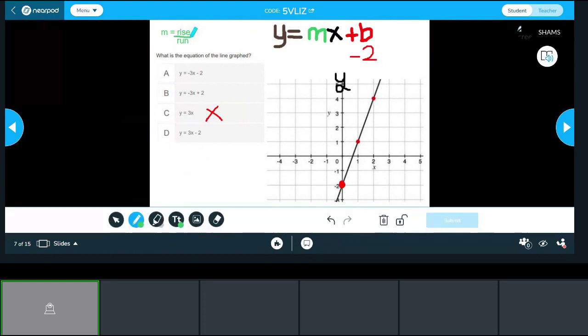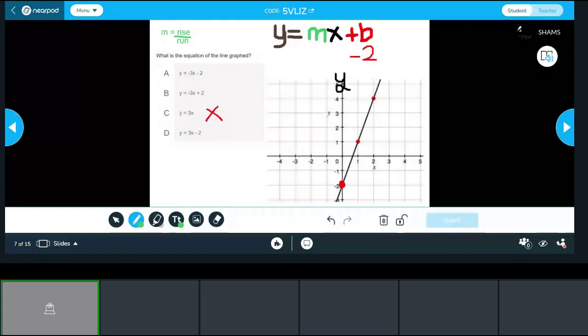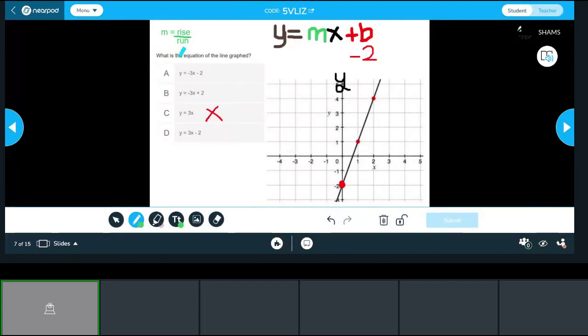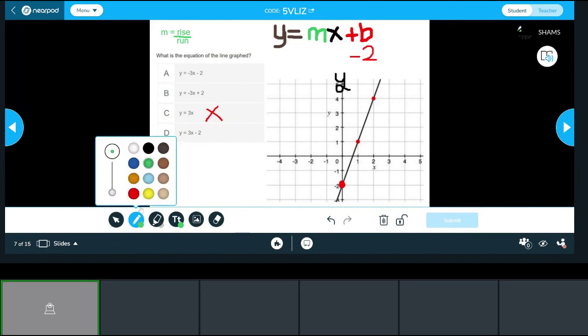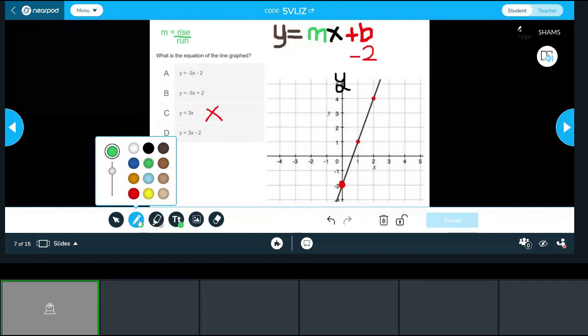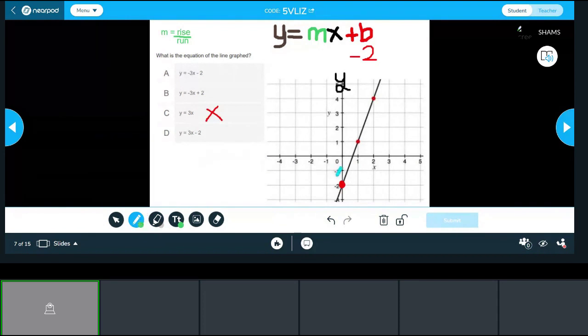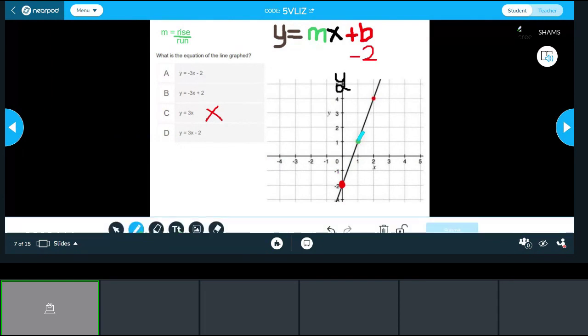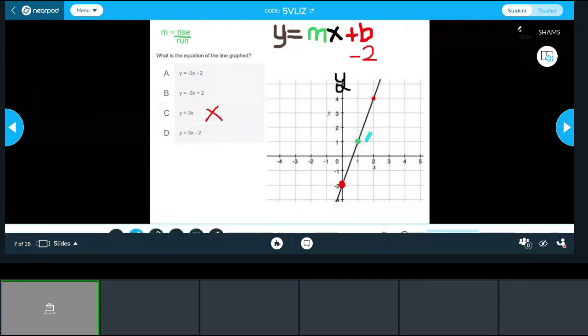Okay, so to find M, the rate of change, to find change, you definitely need 2 points you can compare. I'm going to go put one more dot on the graph so that I can compare those 2 dots and find M. And the dots are actually marked here. I will just go ahead and mark this dot. This green dot is my next dot.